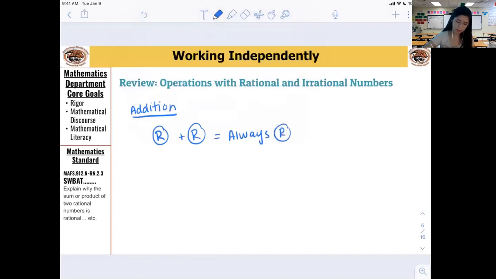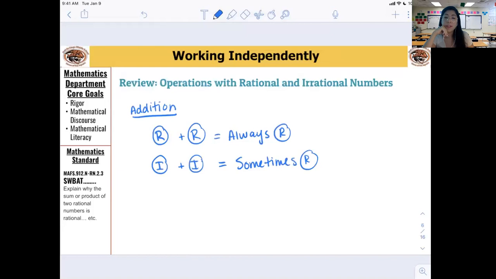If I have an irrational number plus an irrational number, what happens? Sometimes rational. Specifically, what's the one exception? What do you sometimes end up getting? 0. Good.